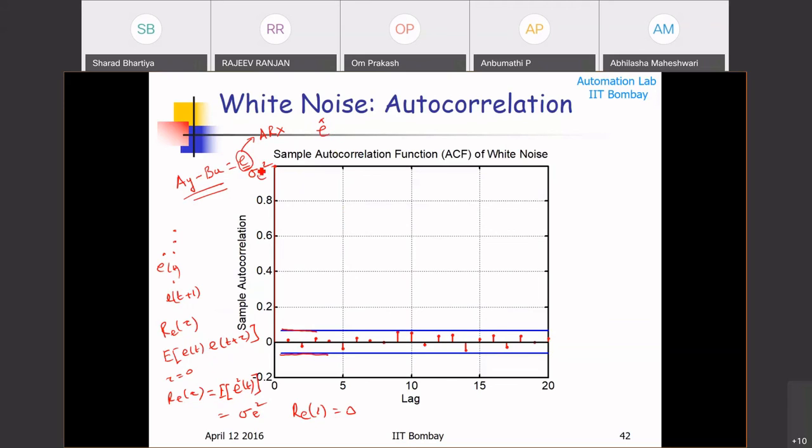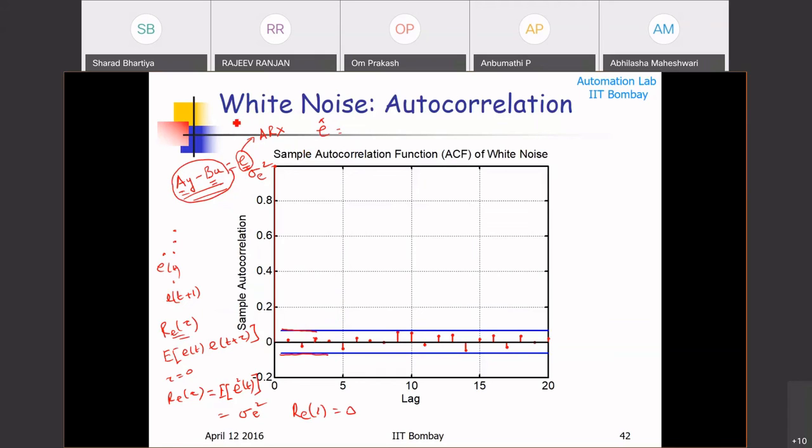Once I have got this A and B, I can just run this with my estimated A and B, and I will get an estimate of e. Then I can find the autocorrelation of that. When I do that, I get a sample autocorrelation, not the population autocorrelation, and those sample autocorrelations tend to be small numbers.